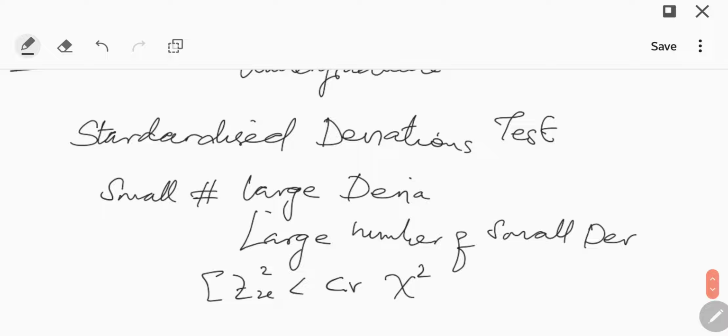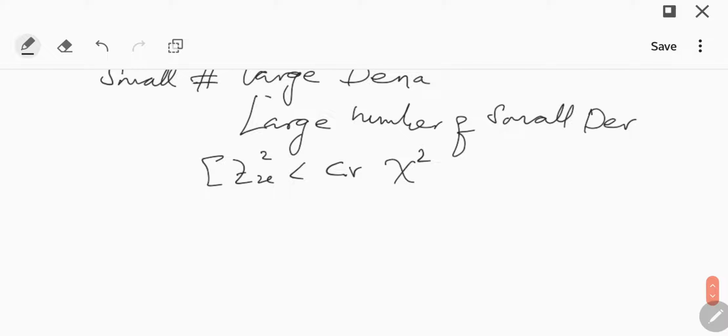So what we do is, whatever zx we are computing, the zx's are nothing but values from a standard normal distribution.